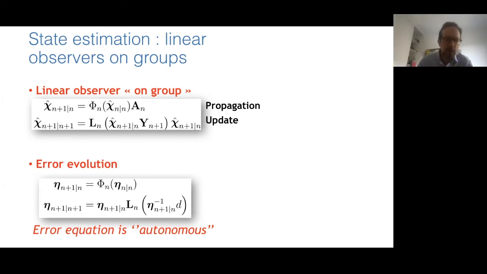It turns out that at the update step too, owing to the way we construct the observer, we also have a distributive property at play, and we get an error evolution for this kind of observer that we called a linear observer on a group. We get an error evolution that's completely autonomous as well.